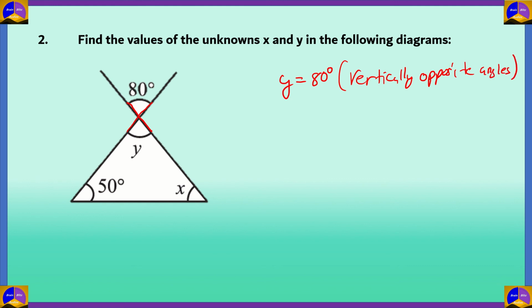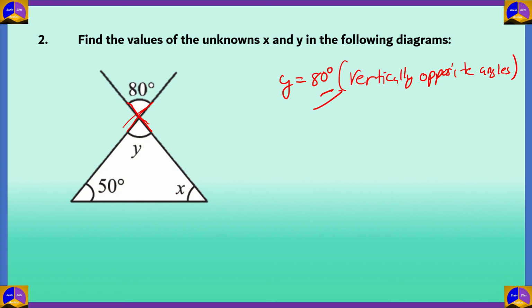Now to recognize a vertically opposite angle, they must form an x. They must intersect each other. So y is equal to 80 degrees.